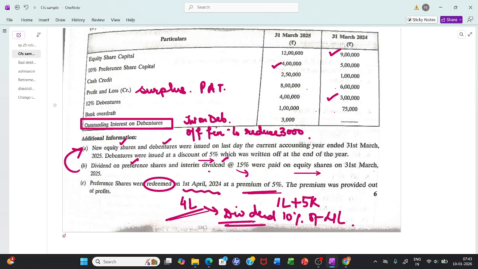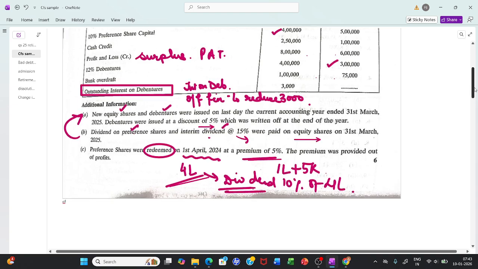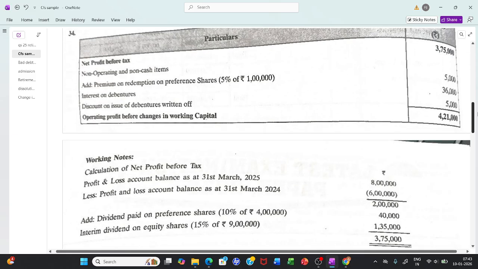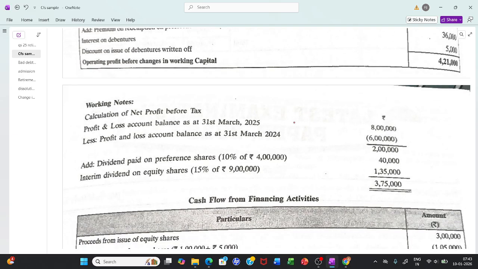Clear? So let's try to solve this. First we take profit after tax. So 8 lakh minus 6 lakh, 2 lakh is your profit after tax.